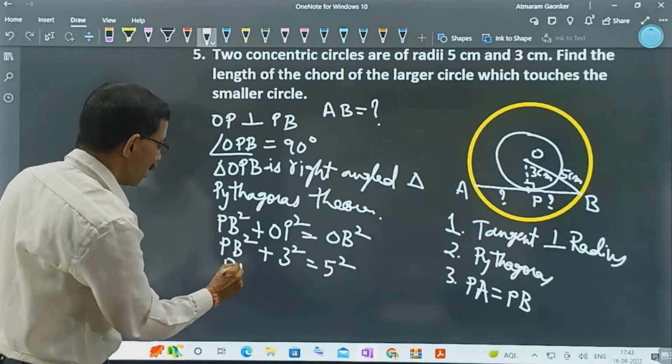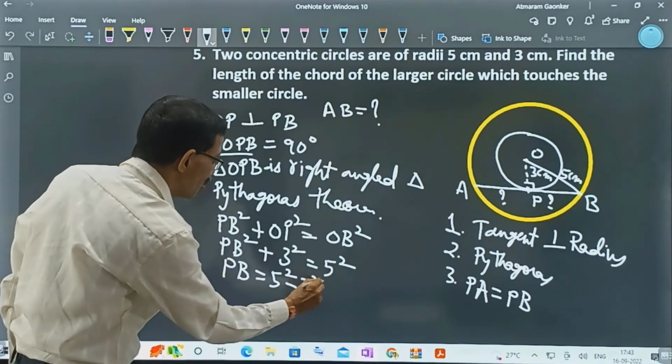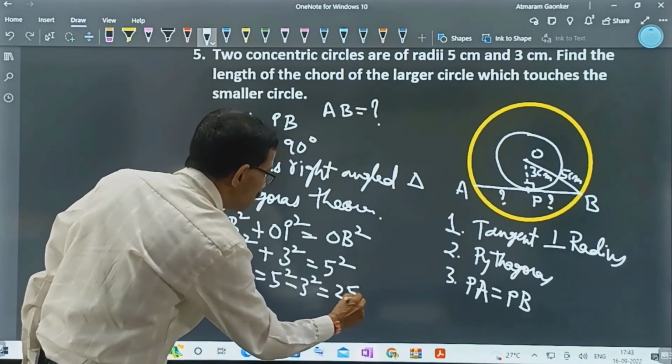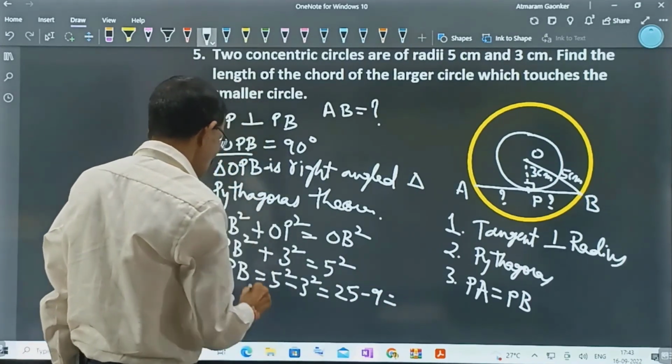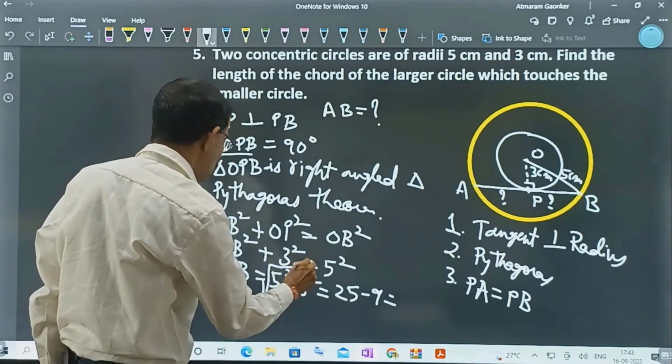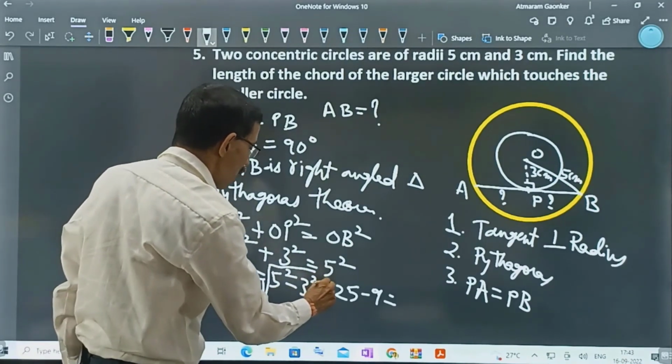So PB square is equal to 5 square minus 3 square. 5 square is 25, 3 square is 9. So 25 minus 9, and of course we take the square root because we have taken square of PB.